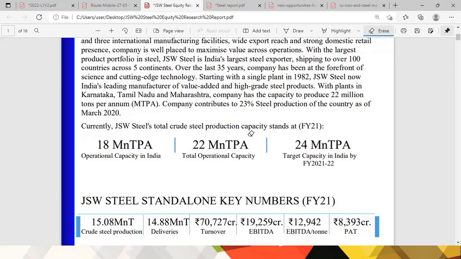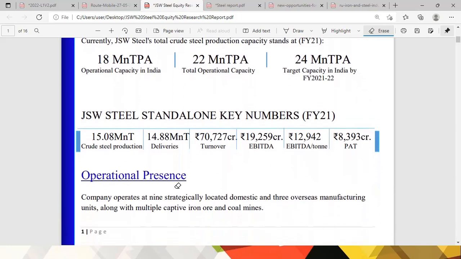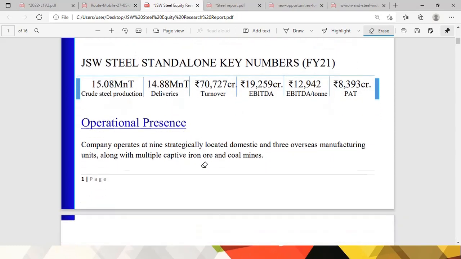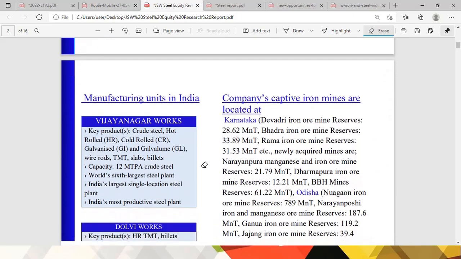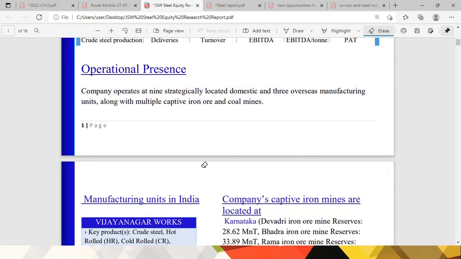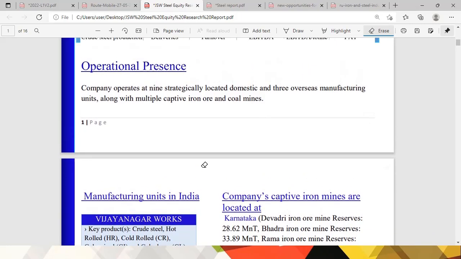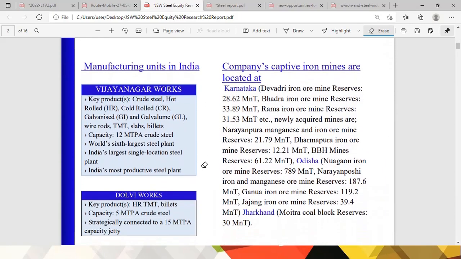I have described it over here. Then I have showed the operational presence of this company. Operational presence means where this company is located, where its facilities are, where does it operate from. Their manufacturing units I have showed here.